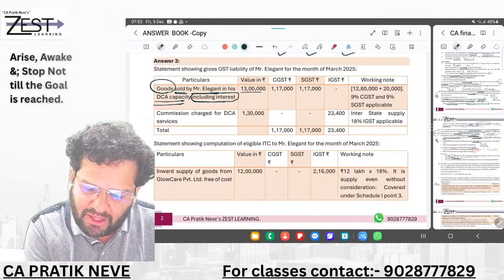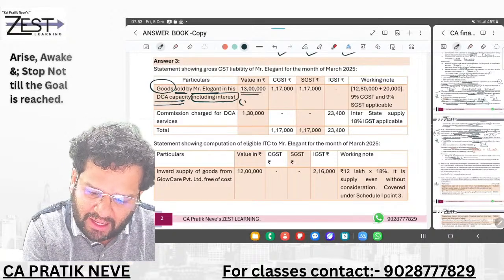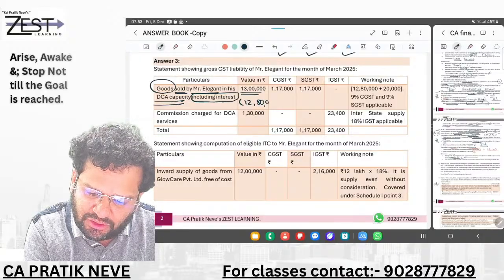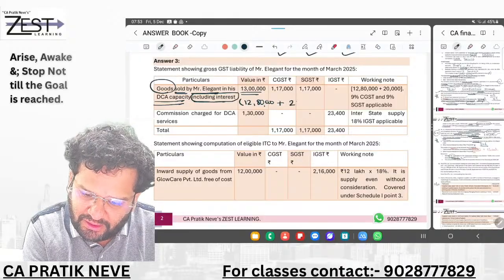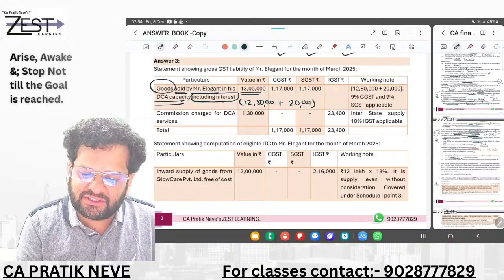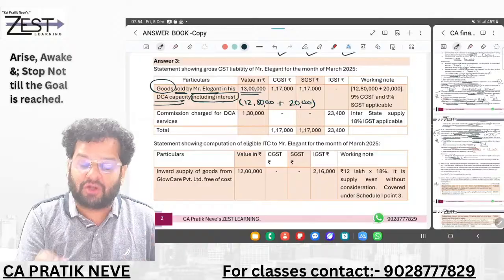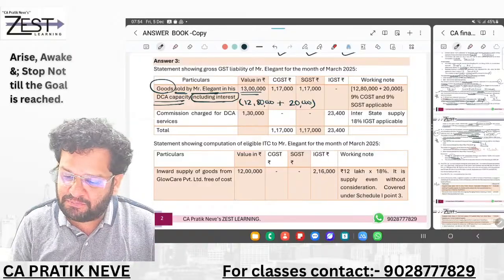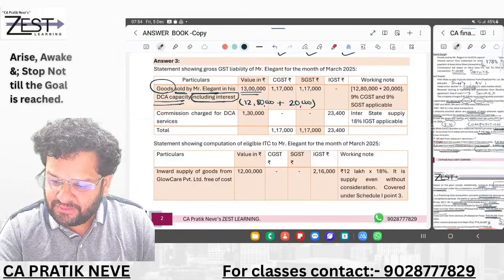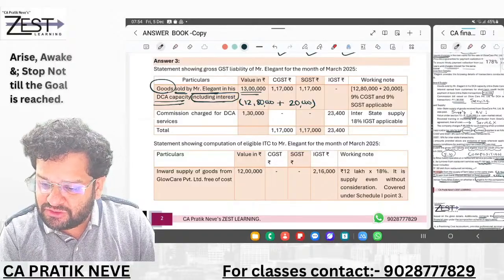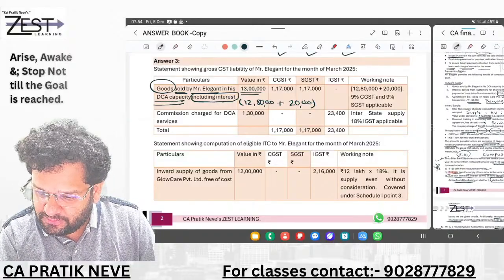So assessable value is 13 lakh. Why? 12 lakh 80,000 plus 20,000. And it is intrastate supply. It will be chargeable at what? 9% CGST, 9% SGST. It's given the rate of GST for these goods.